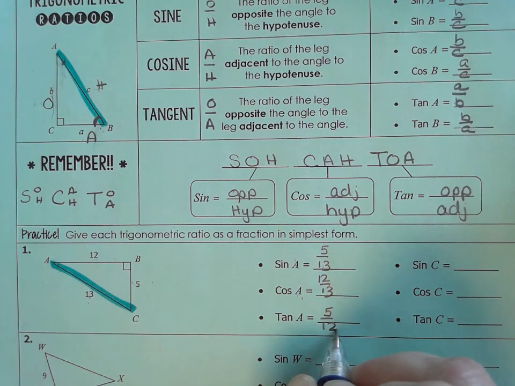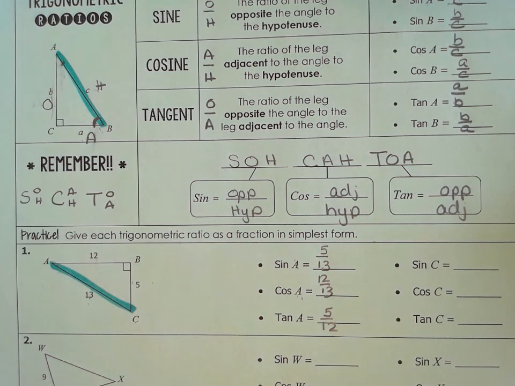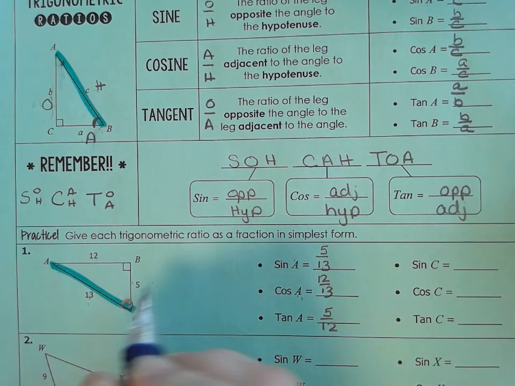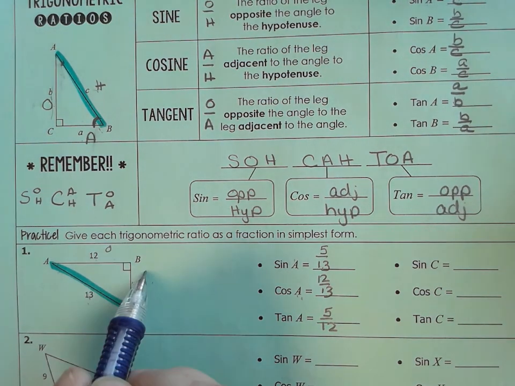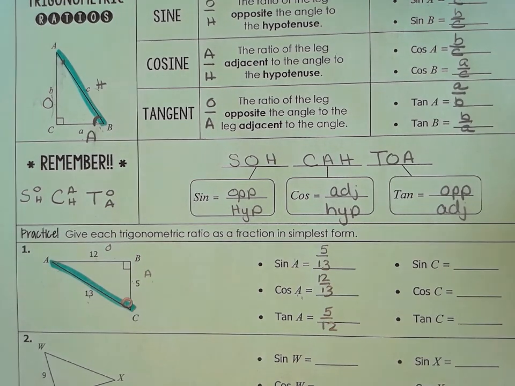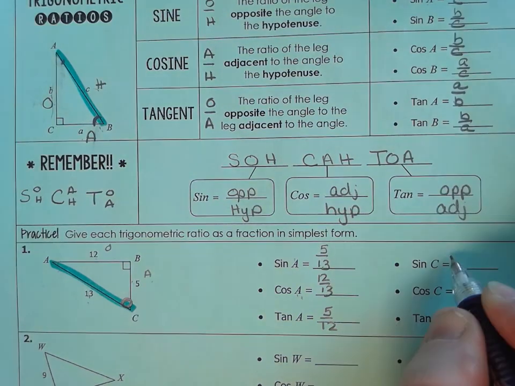Now, when I'm using angle C, this now becomes my opposite and this becomes my adjacent. So it's all about the angle that you're using. So sine C is 12 over 13.